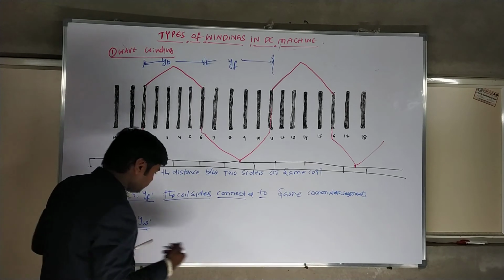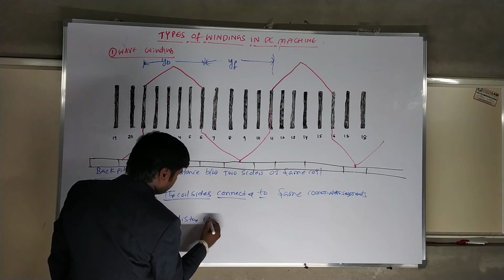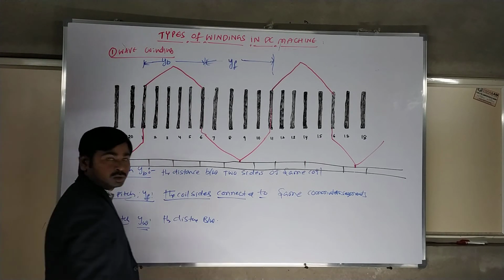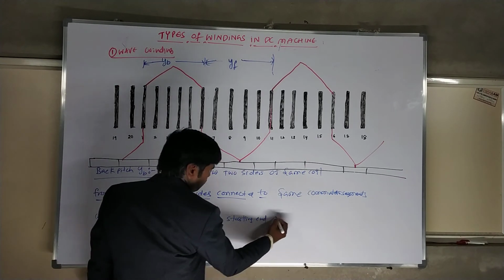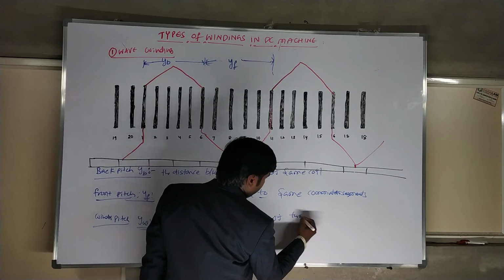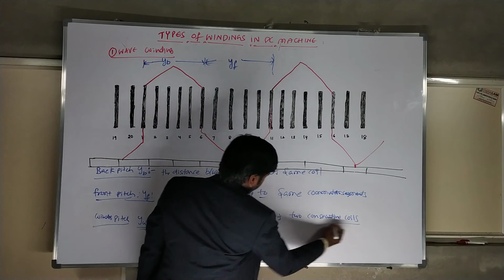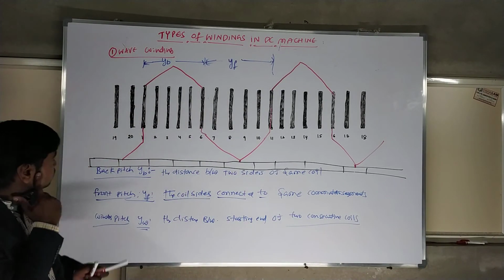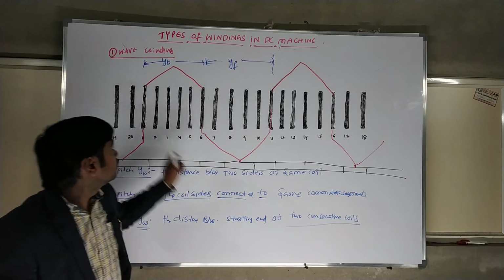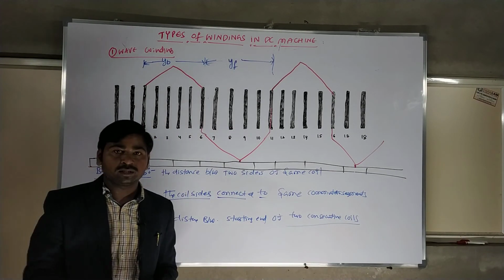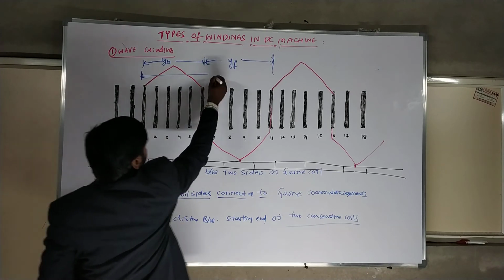For example, this is the starting of the first coil, and the other starting is here. The total distance is the winding pitch.